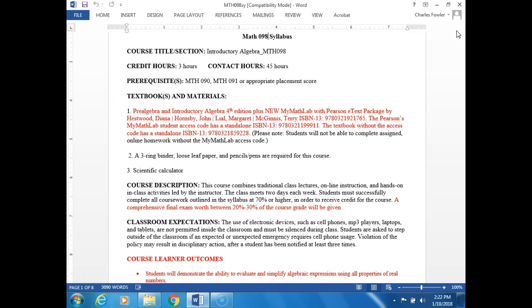The class meets 2 days a week, Monday and Wednesday, right? Student must successfully complete all coursework outlined in the syllabus, 70% or higher in order to receive a grade for the course. And it's not grade A, that's A from this sentence, by the way. A comprehensive final exam worth between 20 and 30% of the course grade will be given.